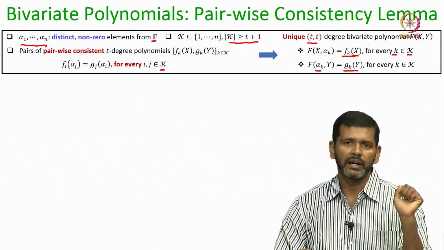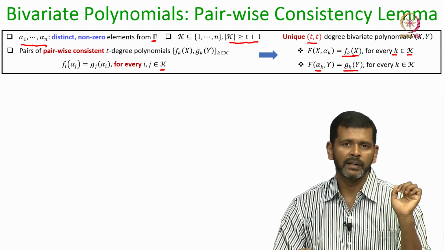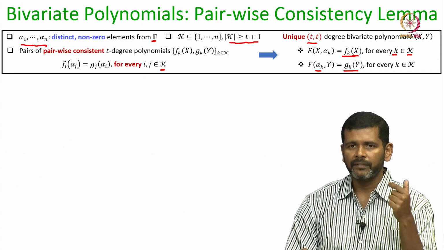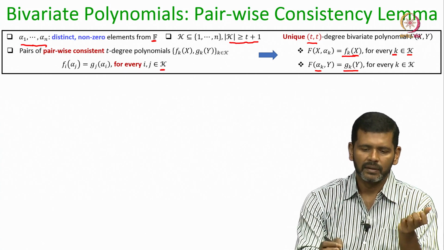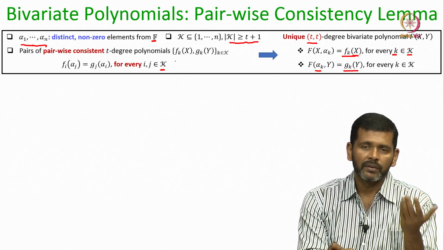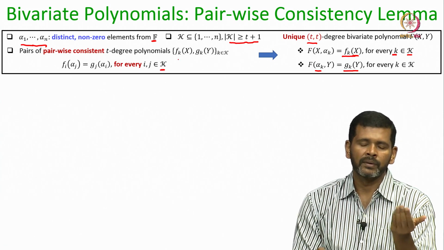Now, we are trying to generalize it for the bivariate polynomials. So, always remember that in the context of bivariate polynomials, the points can be treated as the x univariate polynomials or the y univariate polynomials.